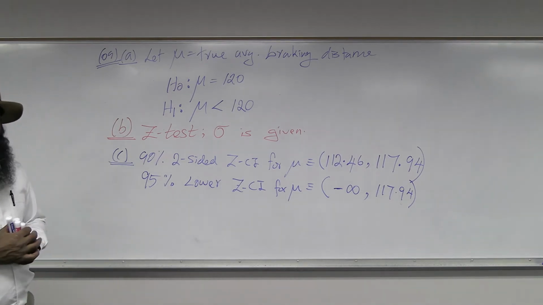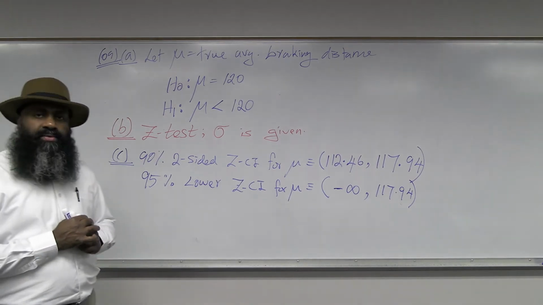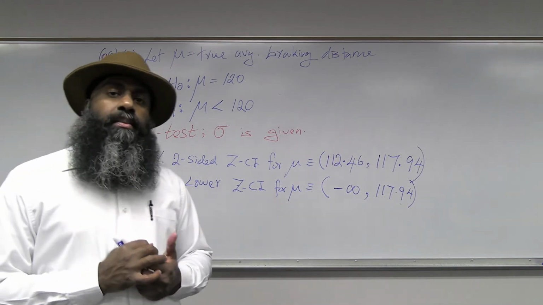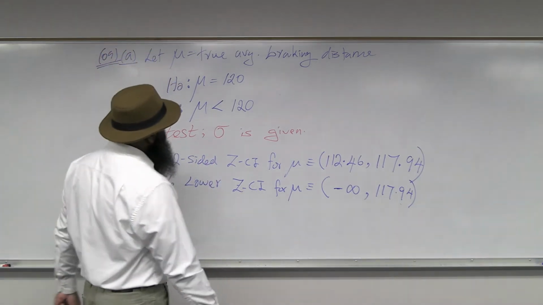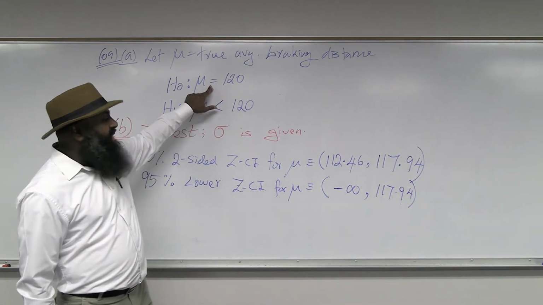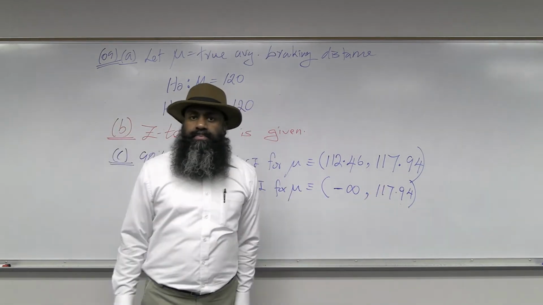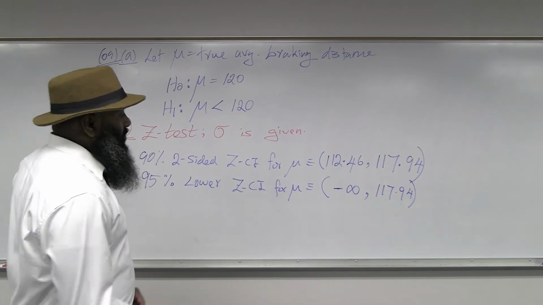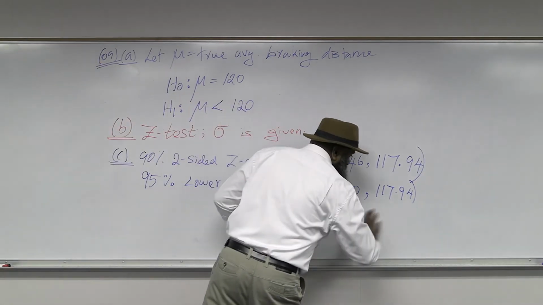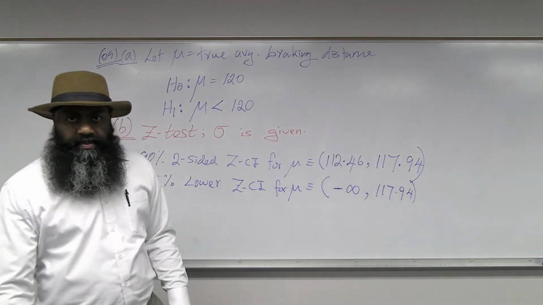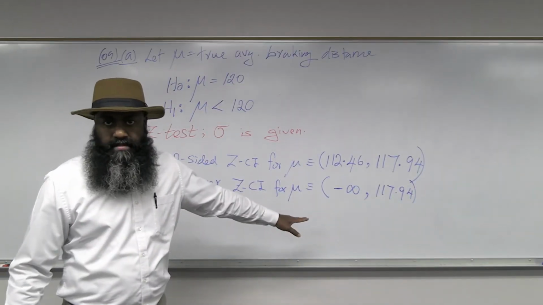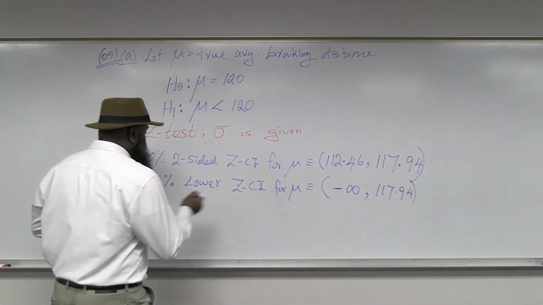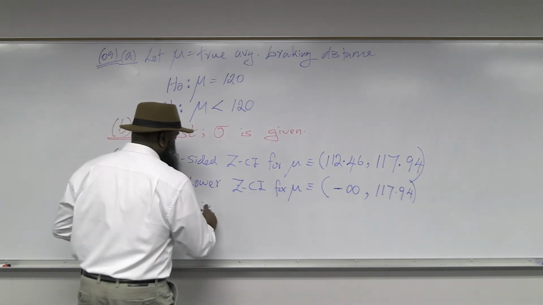That's my 95% lower Z confidence interval for the true mean braking distance. Now what I have to do is to see if 120 is inside of this confidence interval. Well, the confidence interval is from -infinity up to 117.94. Clearly, 120 is not inside.